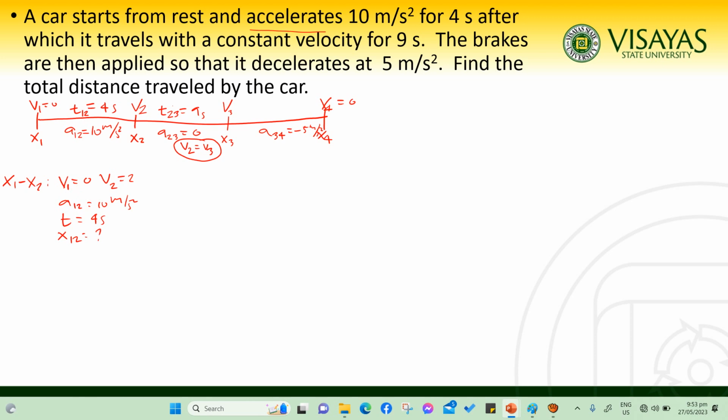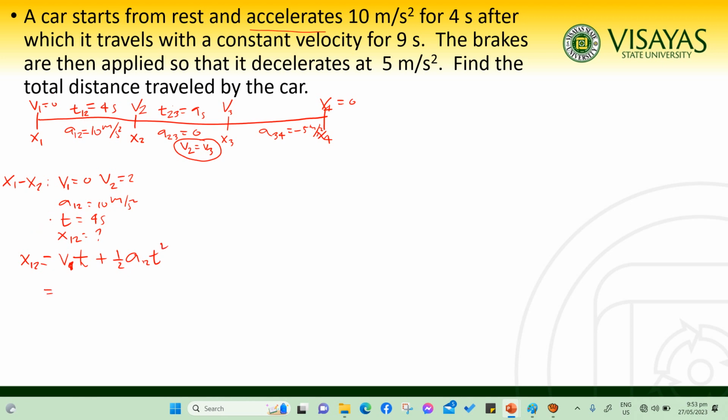Of course, you choose from the set of formulas presented a while ago. Instead of delta x, I'm going to use x12. I can use this formula: v1 times t plus 1 half a12 t squared.